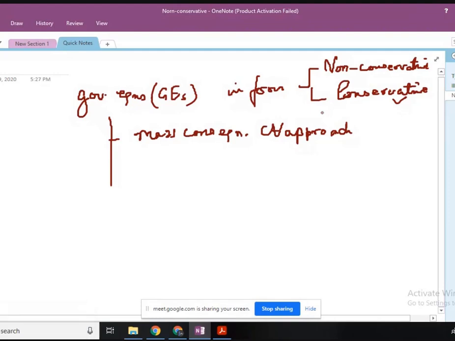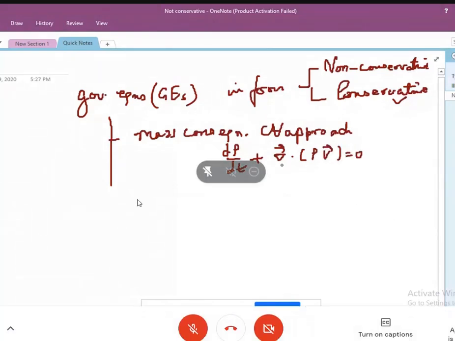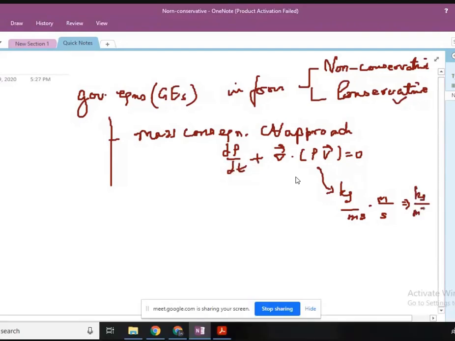We obtained the differential form of the equation as ∂ρ/∂t plus the divergence of the mass flux is equal to 0. Here I told you this is tracking kilogram per meter cube into meter per second, which is effectively kilogram per meter square per second.